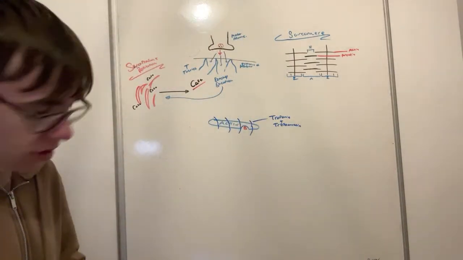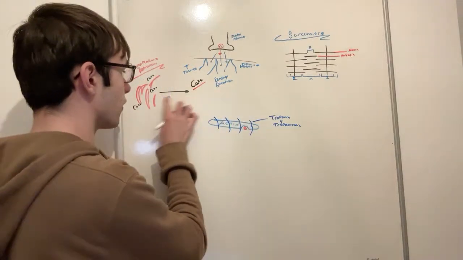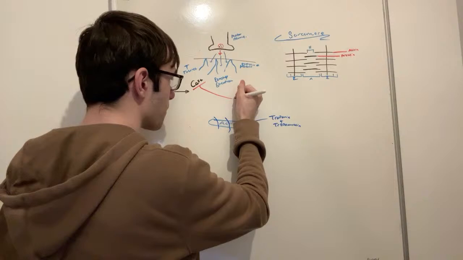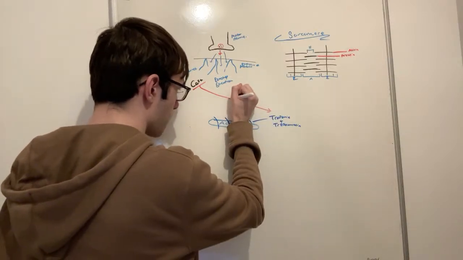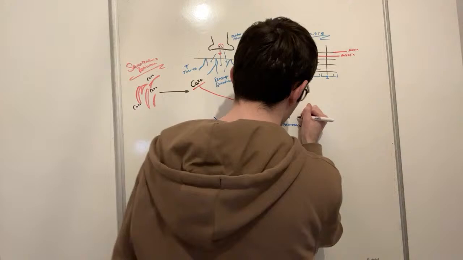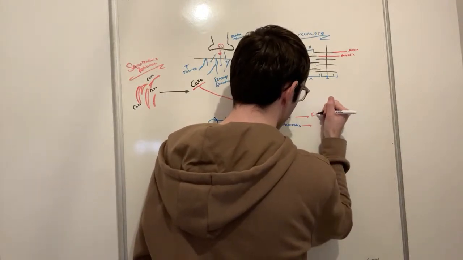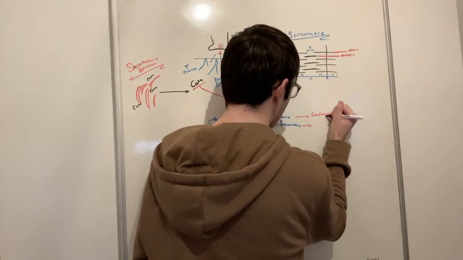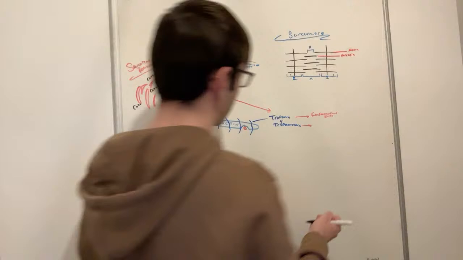Now, because of the influx of calcium ions, troponin is going to undergo a conformational shift, basically a change in shape, changing the tertiary structure.